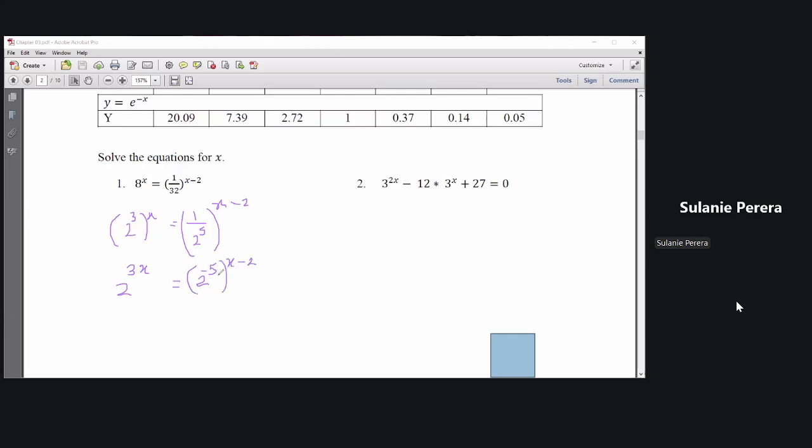Now I can equate the exponents. So we have 3x equals minus 5x plus 10. So 8x equals 10, and x equals 5 over 4.